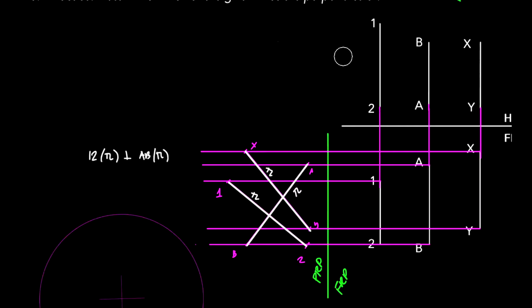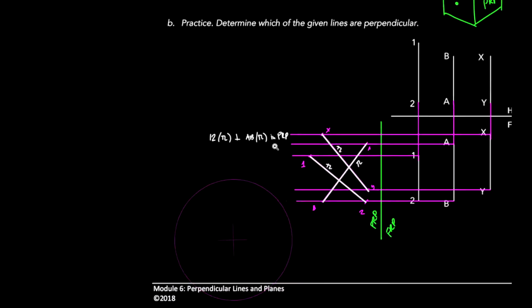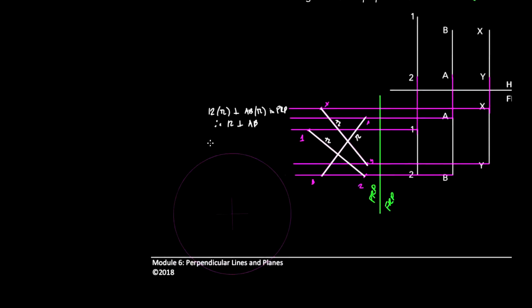So it depends on you guys, pero ako I always just suggest na just to be safe, no? Sulat yun na lang kung anong view siya perpendicular. So if I do this 1, 2 perpendicular to AB, I will write in which view yung nakita ko yung apparent perpendicularity nila. So, ganyan. And therefore, 1, 2 is perpendicular to AB. Okay? Similarly, si A, B, and XY, hindi sila perpendicular, no?